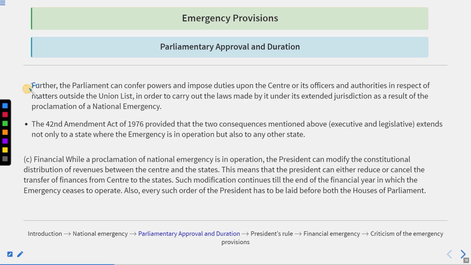Thereafter, further, the parliament can confer powers and impose duties upon the center or its officers and authorities in respect of matters outside the union list.